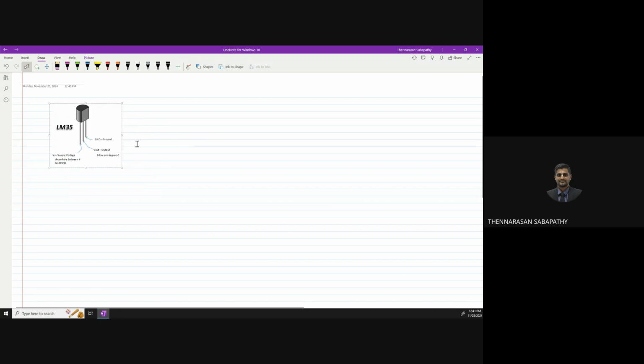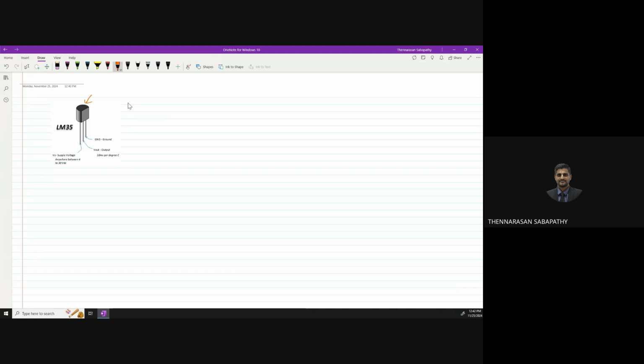Okay, so the LM35 will look like this later in your lab, almost like a BJT. You can sense the temperature on top of this part around here. The temperature will be sensed by the LM35 here.